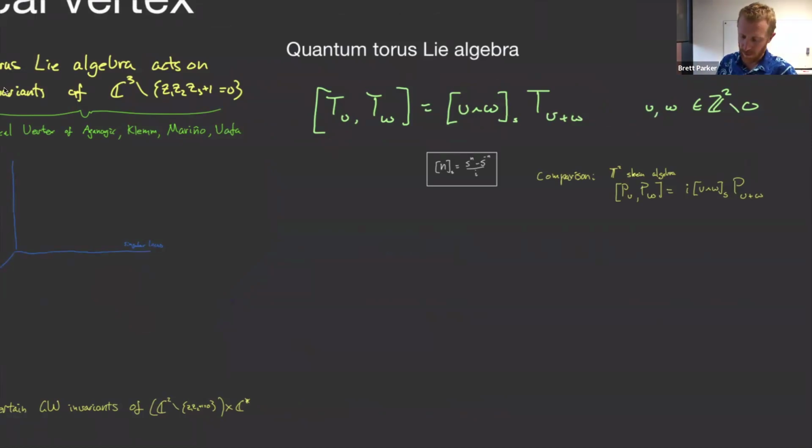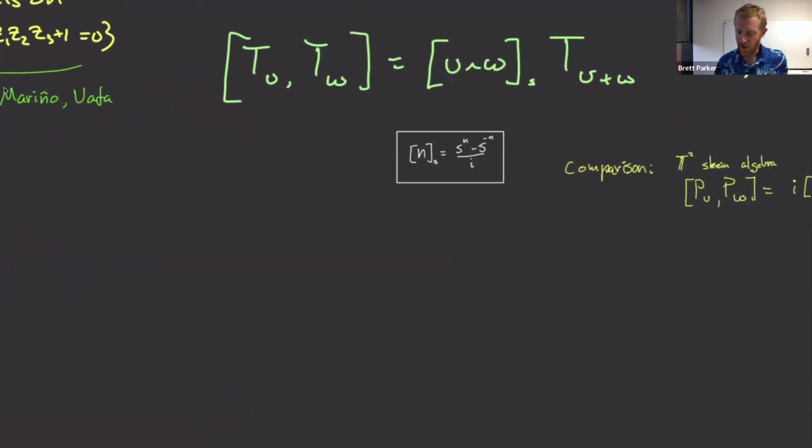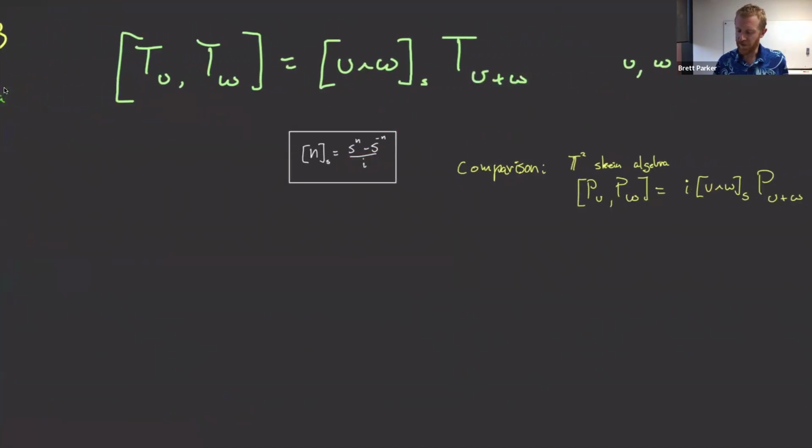And this commutation relation involves the determinant of V and W, this quantum deformation of it, where this quantum deformation again has this factor of I in it, which is different from but very close to the skein algebra for the thickened torus.